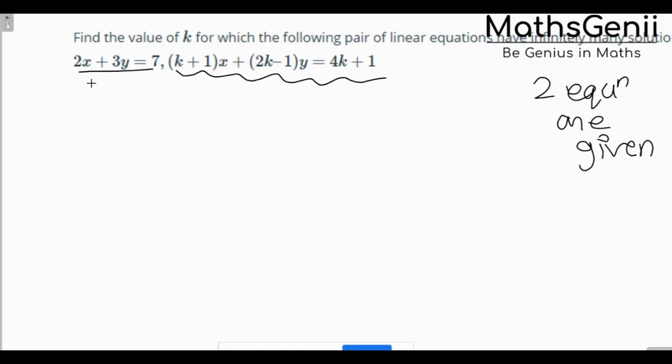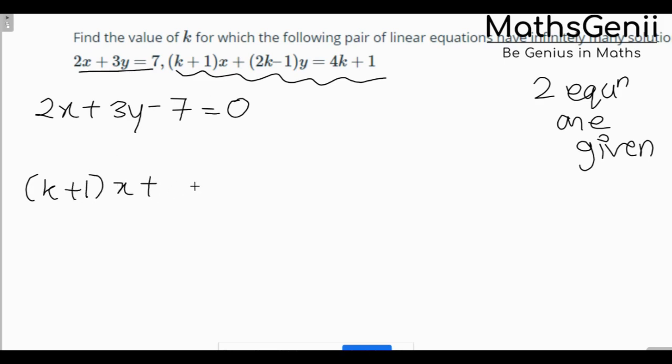First, let me rearrange this equation. 2x plus 3y plus 7 here becomes minus 7 is equal to 0. I just wanted to write it in the form of 0. Then again, this I'm rearranging. All this remains at this side only.